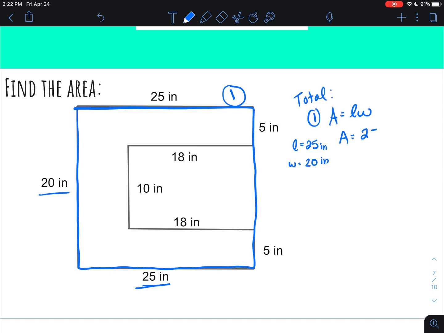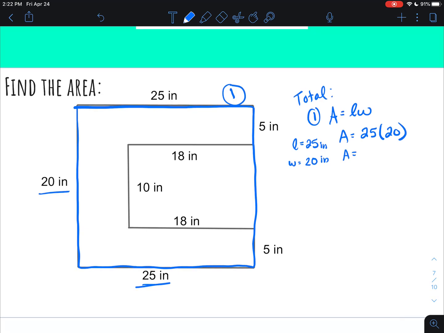So area equals the length times the width. So you want to do 25 times 20. And 25 times 20 is 500 square inches. So this whole rectangle is 500 square inches.